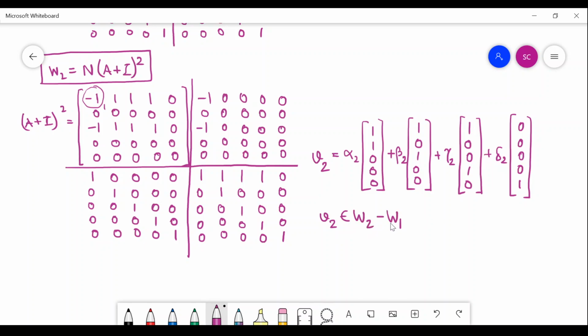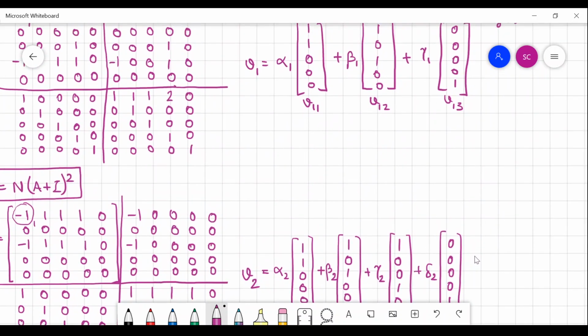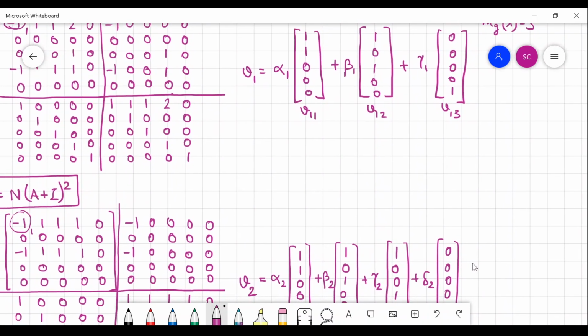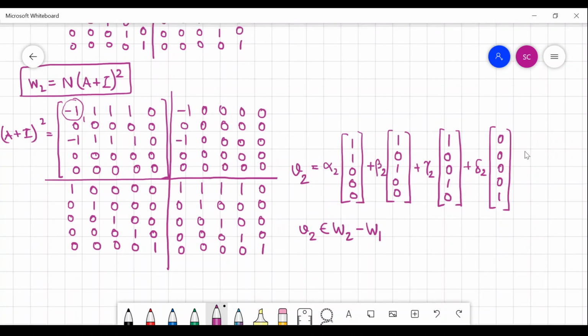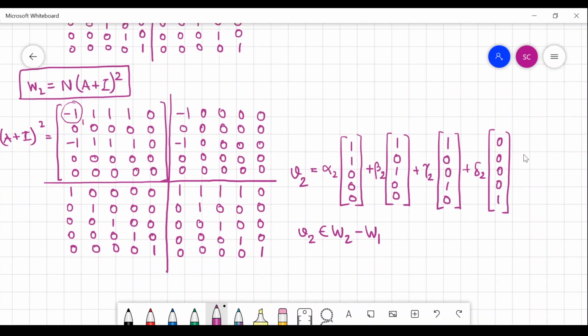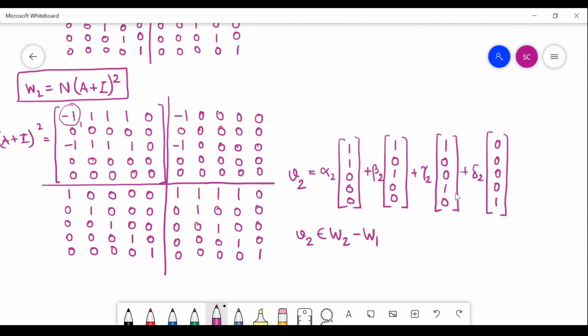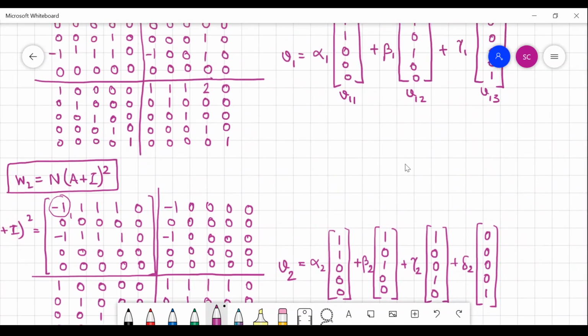That is all we need to do. So we need not worry about how many basis vectors we have got for these spaces. We simply need to worry about choosing the vector correctly, and for that we need a knowledge of the basis vectors of both W1 space and W2 space. Then only we will be able to choose one vector from W2 which is not in W1.